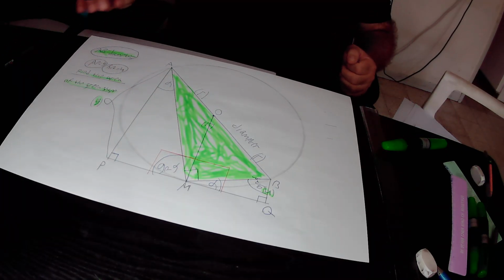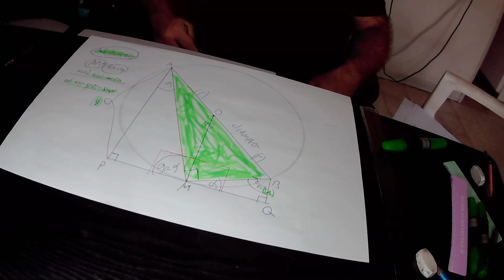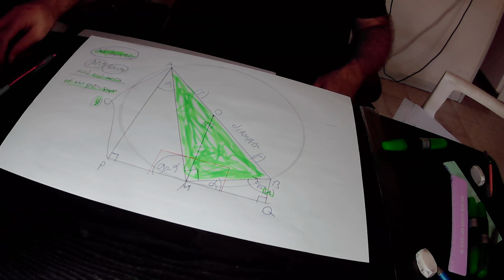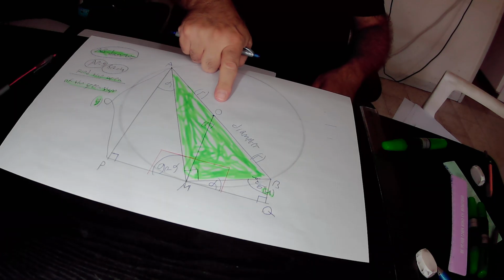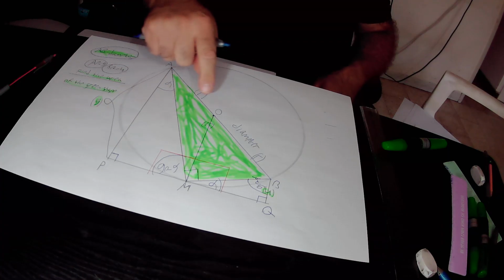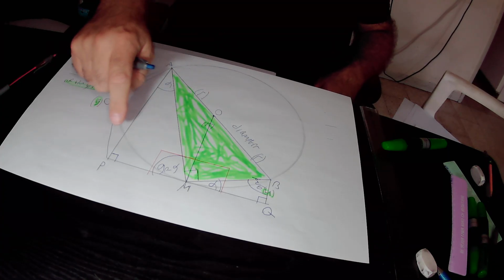In the next step, we will do a construction. That is to say, from this point O, that is the center of the circle, we will draw a perpendicular on AP.